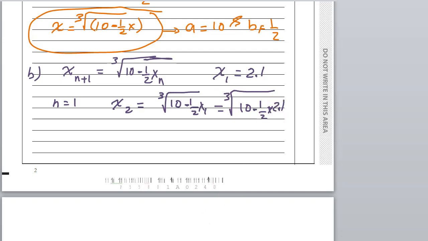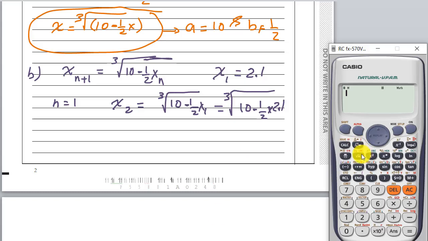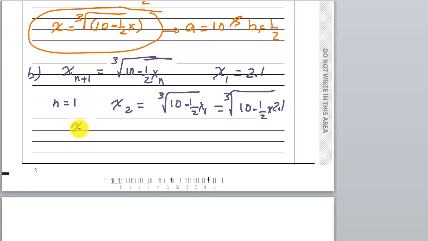So it's the cube root of 10 minus half multiplied by 2.1. So let us bring our calculator. Now this is the cube root of 10 minus 0.5 multiplied by 2.1. So x2 is equal to 2.076, and this is the value of x2.